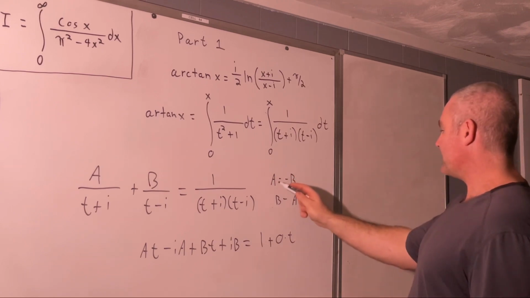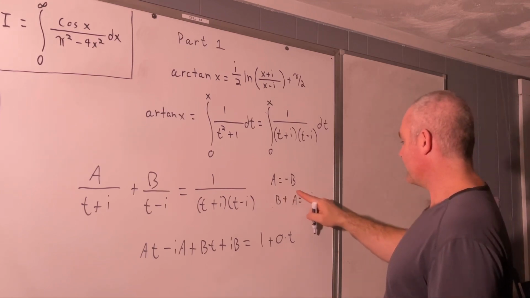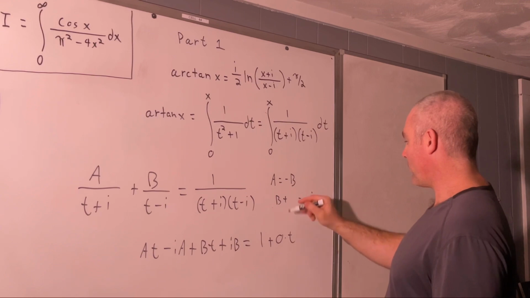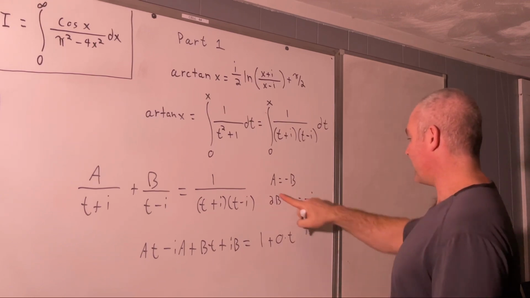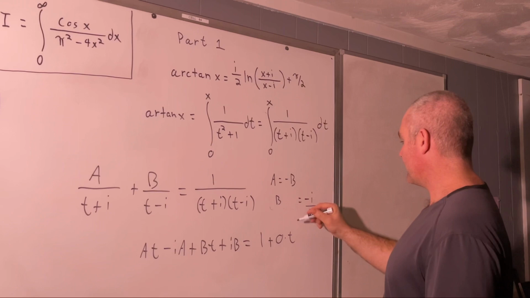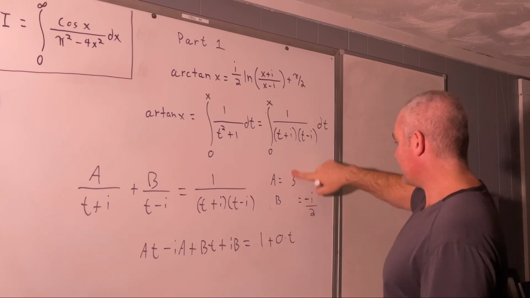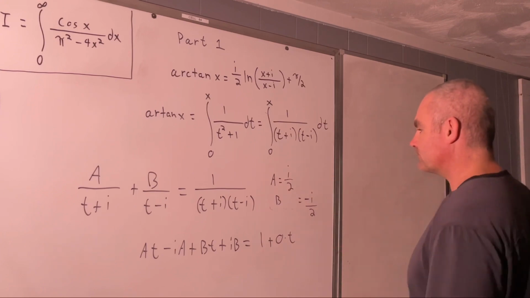Now, we have a is equal to negative b, so I'll just switch this to a plus b, or just 2b is equal to negative i, or b is equal to negative i over 2, and therefore a is equal to i over 2.